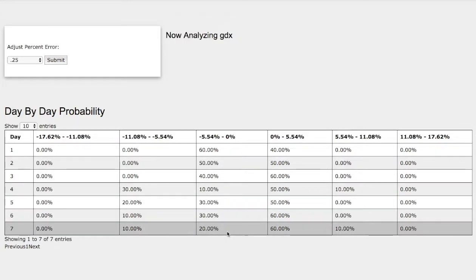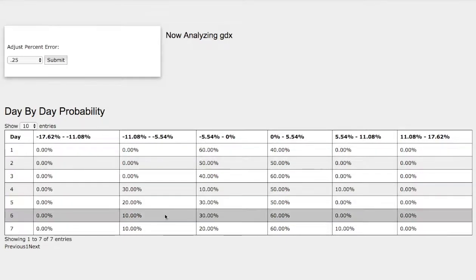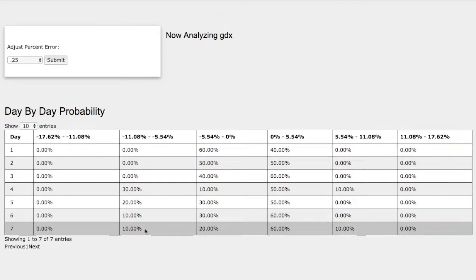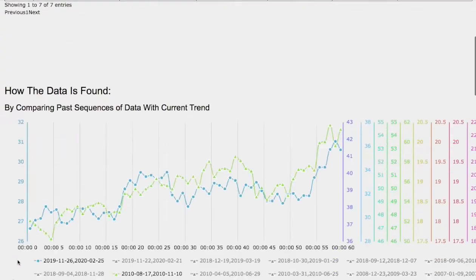On the downside, we have a 20% chance for gold miners decreasing between 0 to negative 5%. And on the extreme case, gold miners falling between negative 5% to negative 11%. Again, this model is now available in the link below, so do check it out.